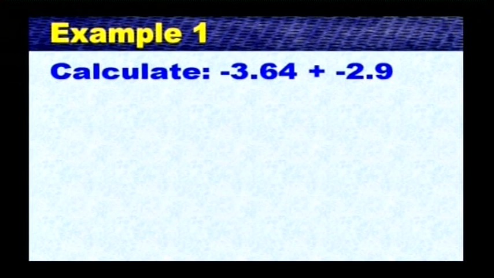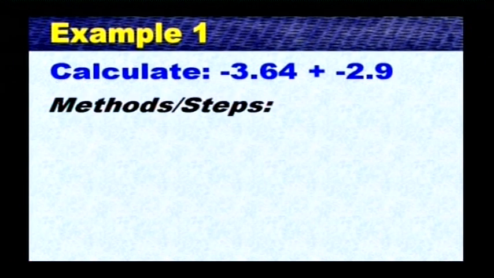Now, students, let us look at the method and steps. What steps are we going to apply in order to calculate those two directed numbers which are given on the screen? Remember, the directed numbers which are given are decimal numbers.